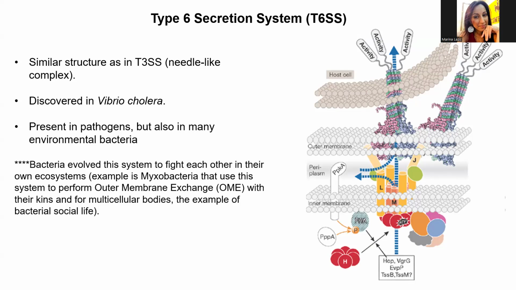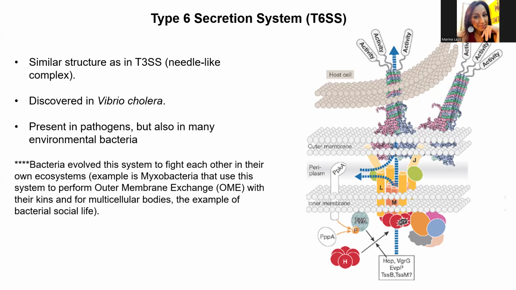Those bacteria are very socially involved, so they have something called the outer membrane exchange system, and through a specific set of molecules, they identify their kin. If they belong to the same group, they have the same receptors. I mean, that's not testable, but I'm just telling you to know.